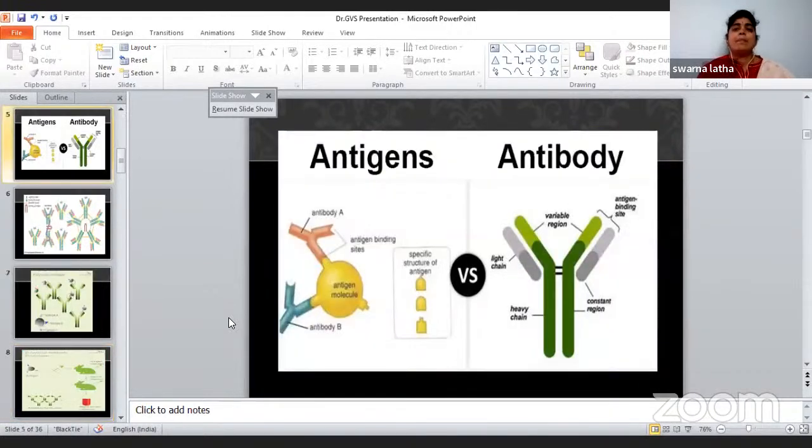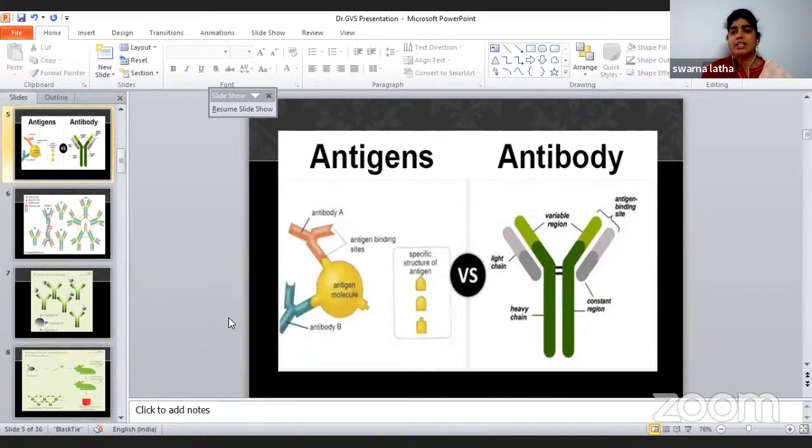Now, when we are talking about immunity, the immune system and all, we use the most familiar words, antigen as well as antibody, right? What do you mean by an antigen? Antigen is any foreign particle, meaning any particle that is not related to the host system.